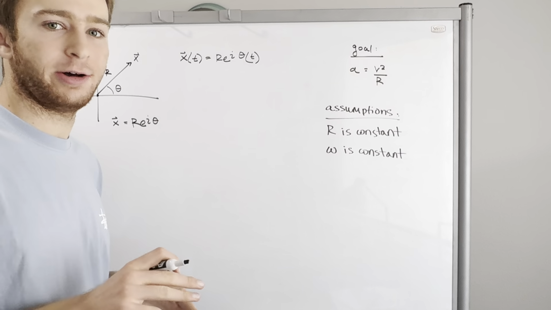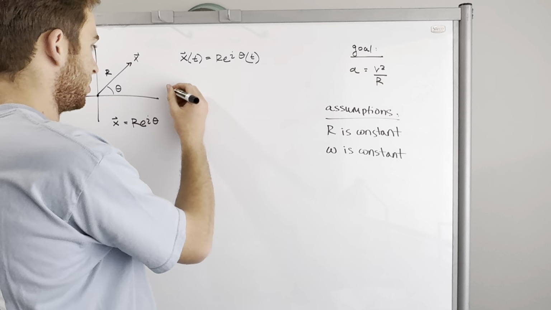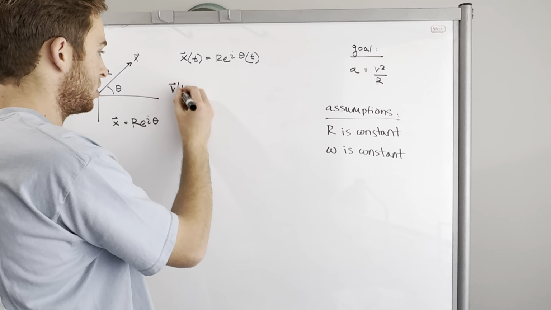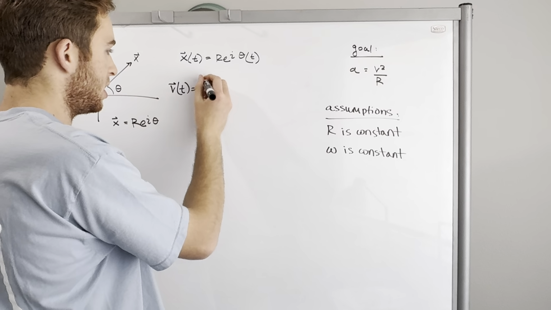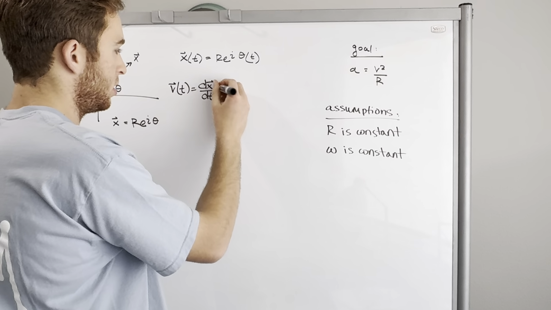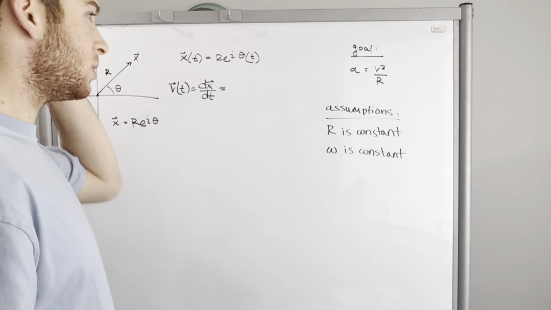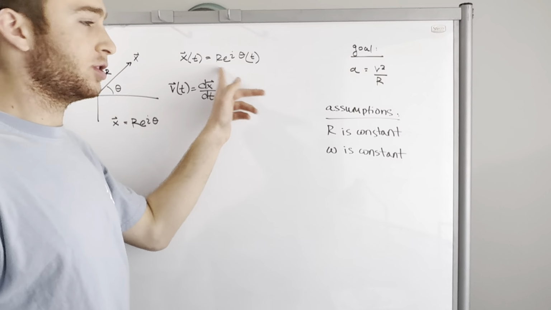So what I'm going to do now is take the derivative with respect to time to get velocity. So I'm going to say v of t equals dx by dt, and that's just the derivative of this with respect to time. So we can treat r as a constant and then just use the chain rule.